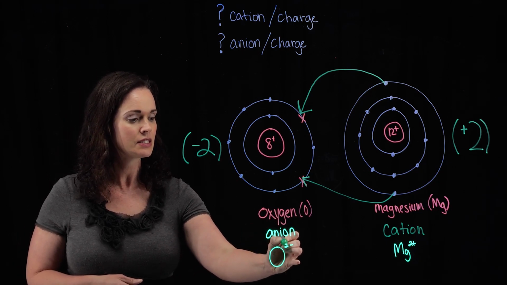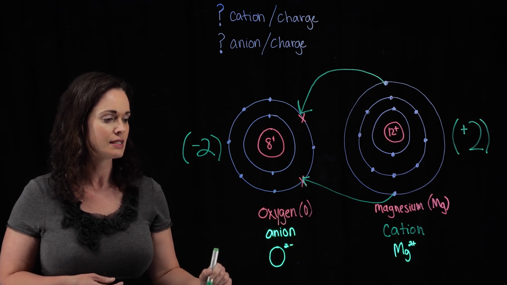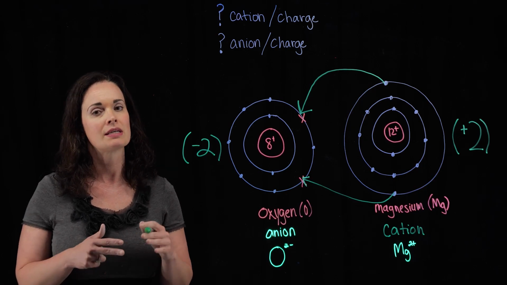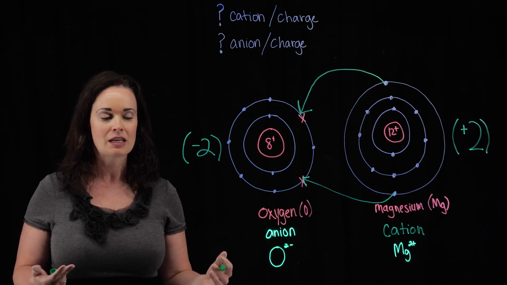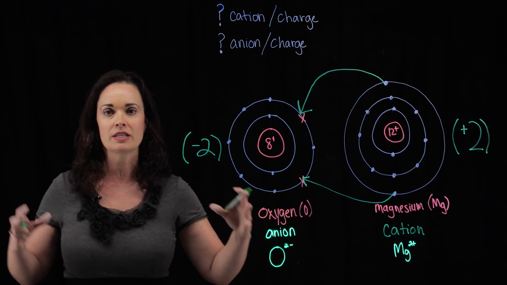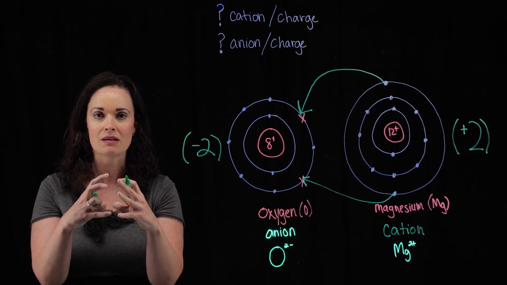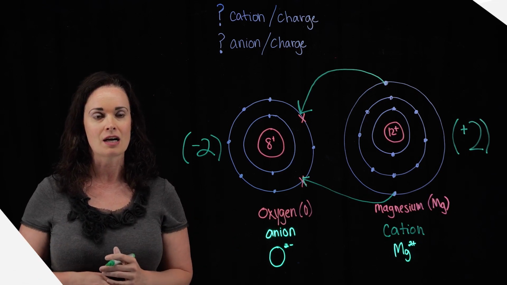And if you were to see these written out, and you will see them sometimes in the book, you would see oxygen has a -2 charge and magnesium has a +2 charge, because in this case it was 2 electrons that were exchanged. But this is still an ionic bond. We have a negatively charged atom and a positively charged atom, and they are going to interact with each other and be held together by this magnetic attraction, due to the fact that opposites attract.